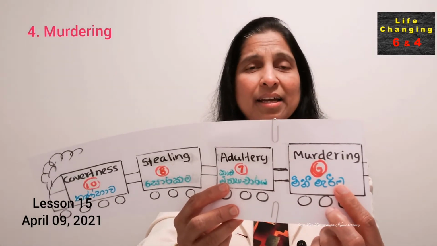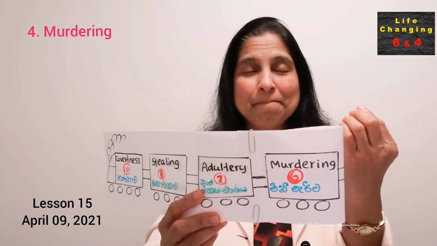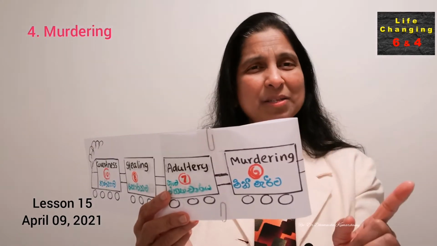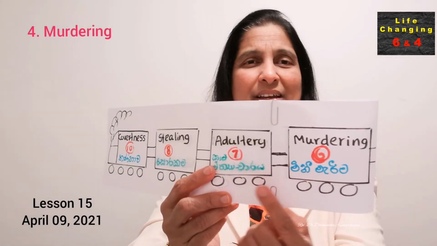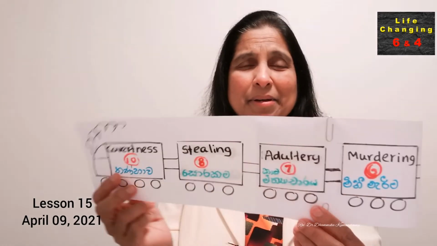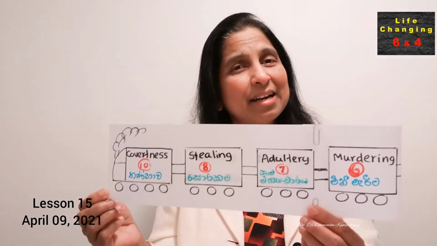He killed, like planning. Purposely he killed her poor husband Uriah. So the next one, murdering, 6th commandment. So that is why I call this sin train.